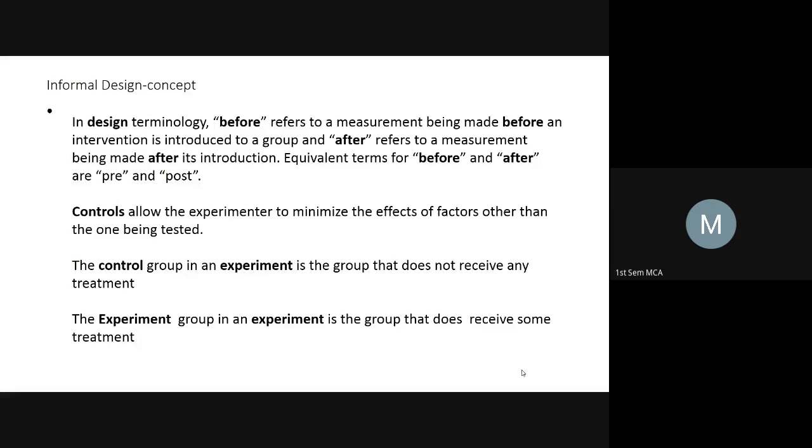And these 15 are called the experiment group. This experiment plus this control group together form the combination for a treatment. This is a concept that you should understand: before and after, what is control group, what is the experiment.